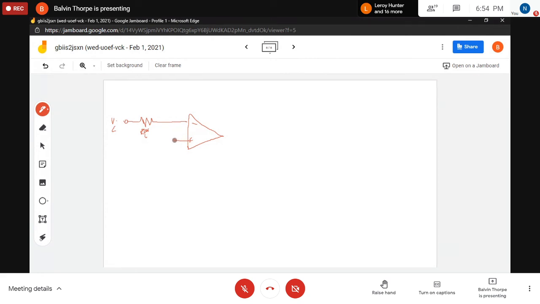Of course, I always have my non-inverting input grounded because I'm not applying two input signals and I'm not interested in having positive feedback. But because I don't want to operate in the open loop configuration, I'm going to feed back some of my output to my input.